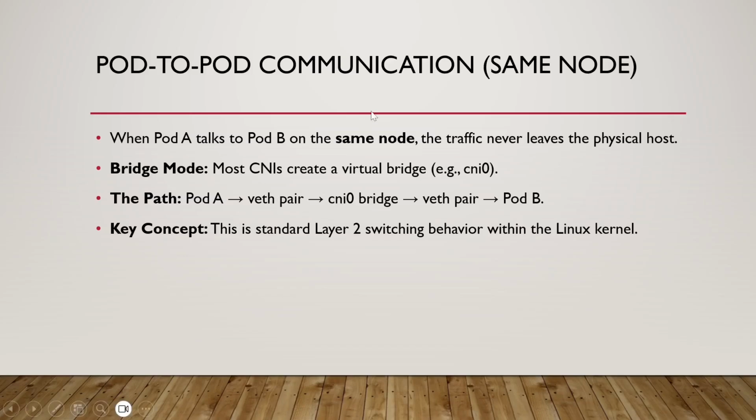First, let's understand pod-to-pod communication within the same node. When pod A talks to pod B on the same node, the traffic never leaves the physical host, or the virtual Ethernet.